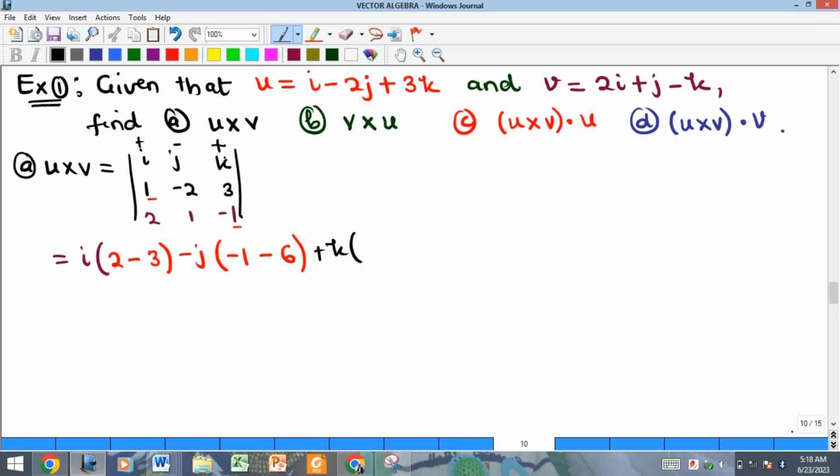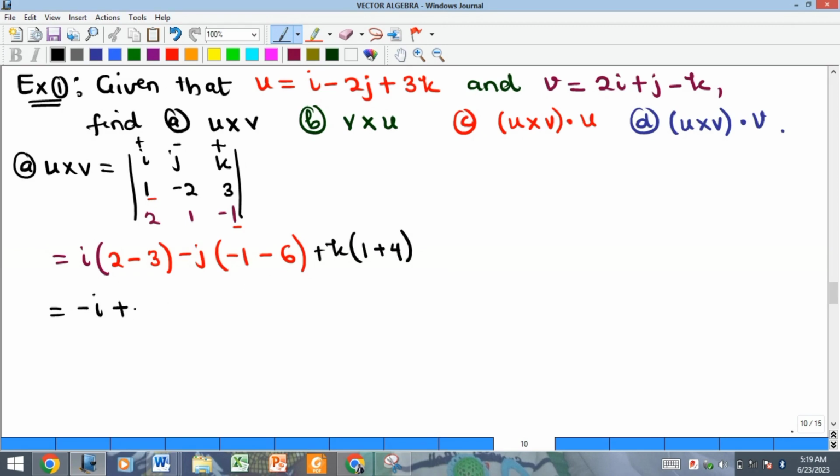Now the next, which is the k, is going to be positive k, and then you will now do, of course, this row, the last column will be cancelled, so you have 1 multiplying 1 and minus 2 multiplying 2, which will give us 1 minus, of course, minus 2 times 2 is minus 4, so minus times minus will be plus 4. 2 minus 3 is minus 1, and so that will give us minus i. Minus 1 minus 6 is minus 7.